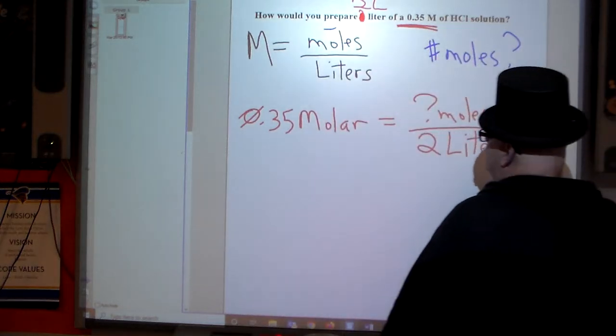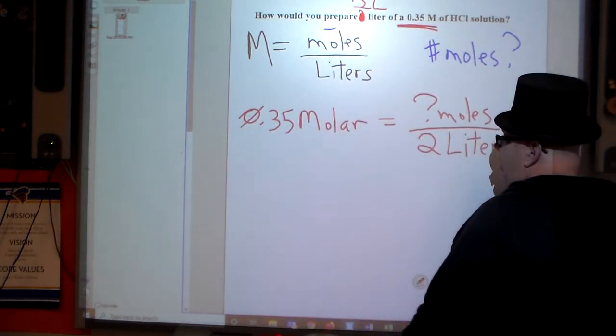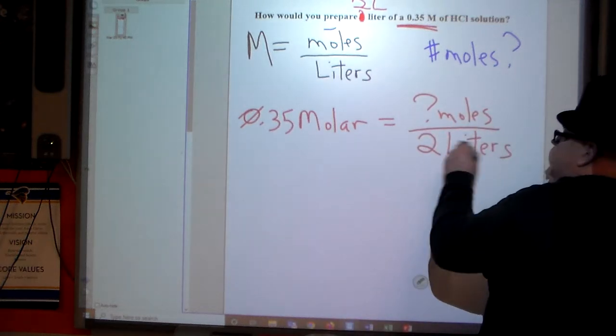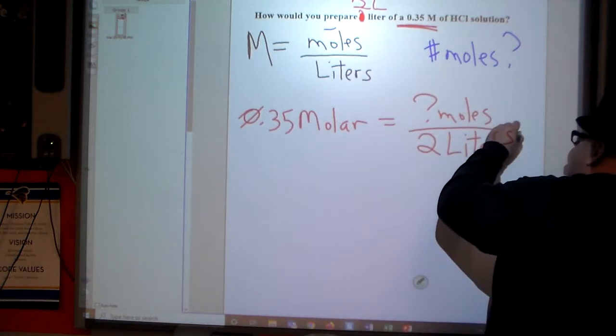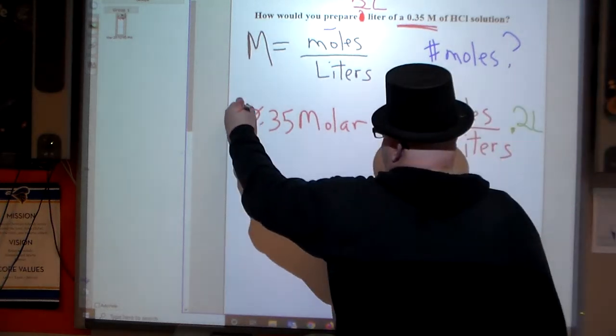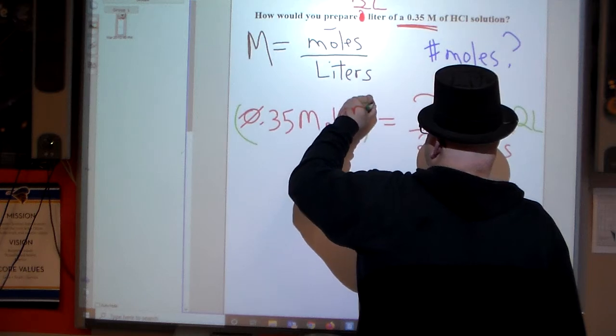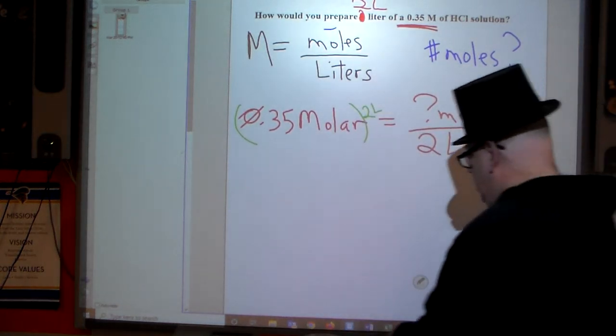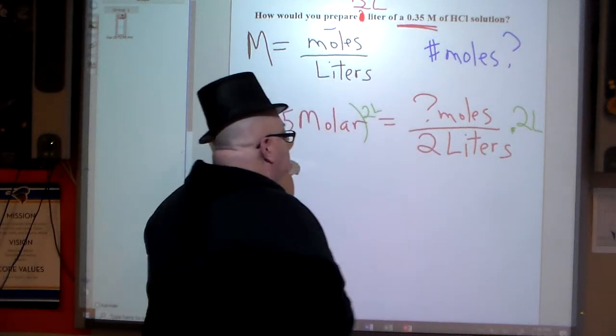Okay? So with that, how do I solve the problem? Well, I'm going to get rid of this 2 liters. And I can multiply this side by 2 liters, and I can multiply this side by 2 liters, right? So what is that going to look like?